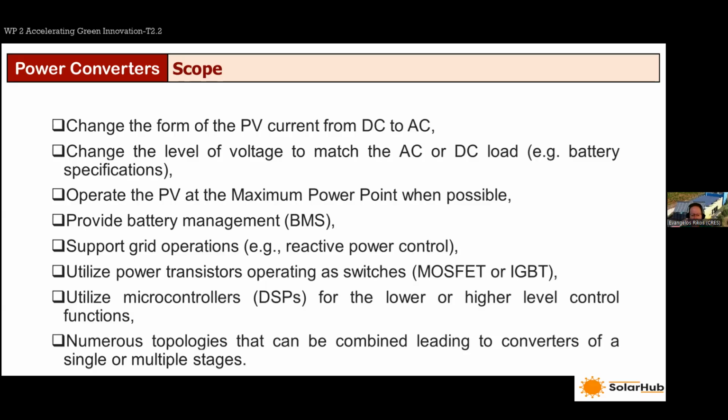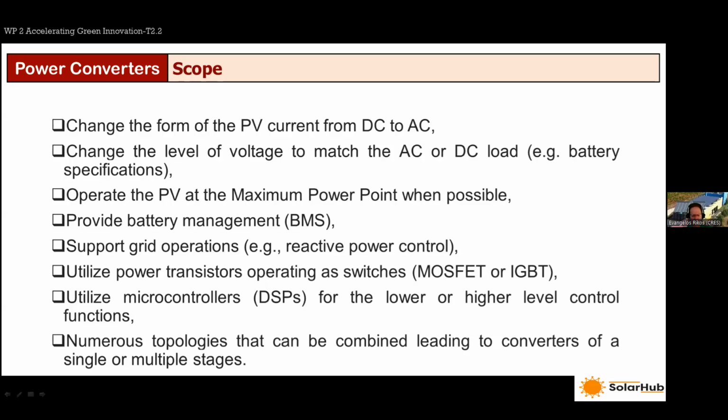How do we control the state of these switches? We need microcontrollers, microchips, DSPs for example, to perform a specific control strategy, a pattern of switching those transistors on and off.